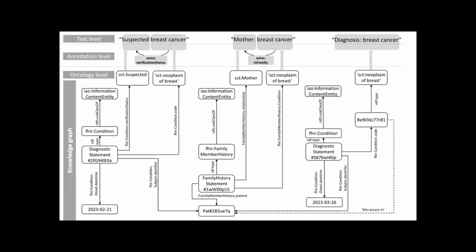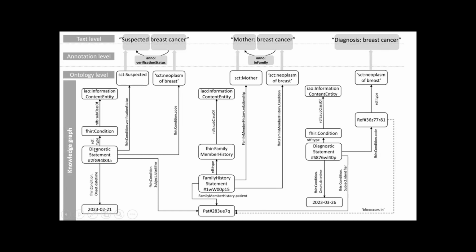And so we have, for instance, here, well, I think it's difficult to point. I can point with the mouse. Yeah, in this case, neoplasm of breast is just kept as a type. It's not instantiated because we don't know whether it exists.